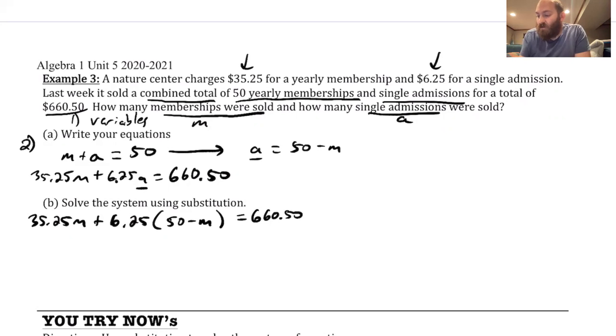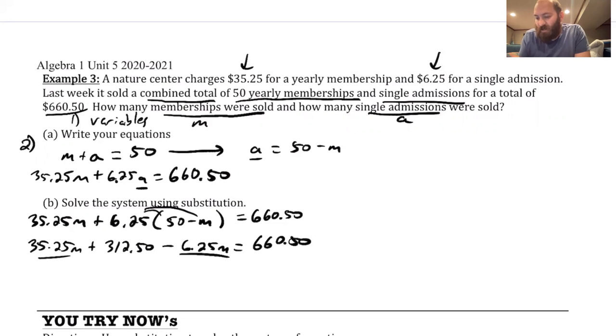All right. So we'll distribute the 6.25 through. So 35.25M, and $6.25 times the 50 is going to give me 312.50 minus 6.25M. Combine our like terms here. So 35.25 minus 6.25 is going to give me 29M plus 312.50.